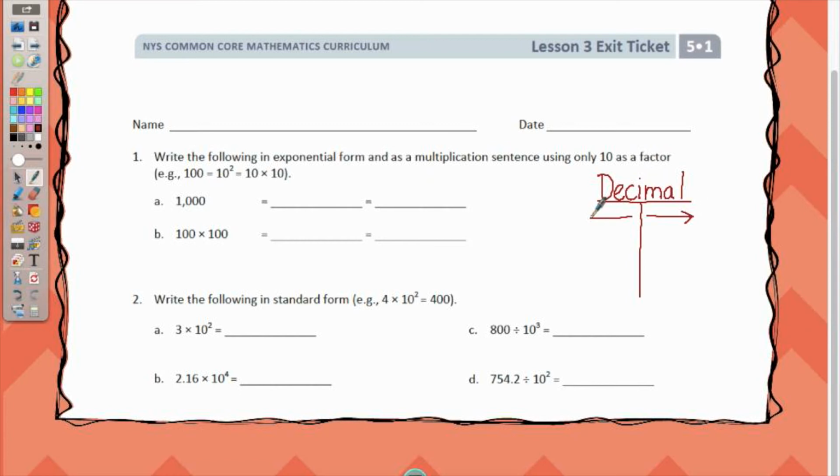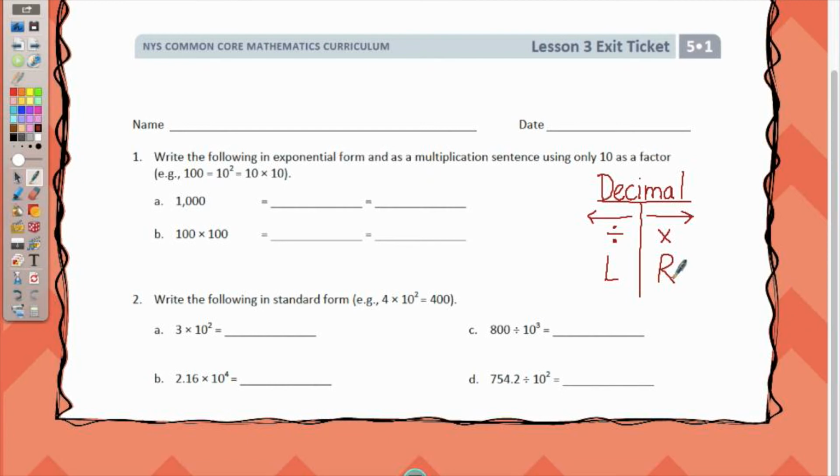Some kids in the earlier classes would have done better on the assignment if they had written that down. Go ahead and write your name on this exit ticket also. Remember, when you turn it in, you don't have to flip it back to the front. Just lay it down. Okay?